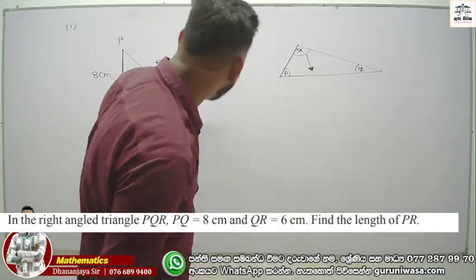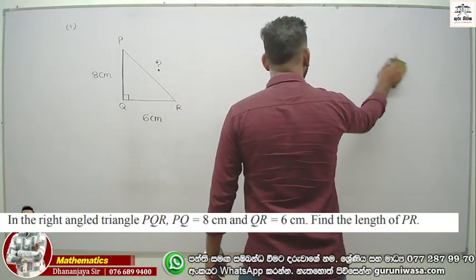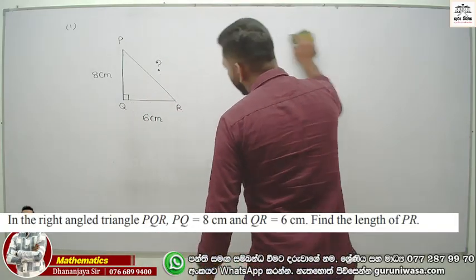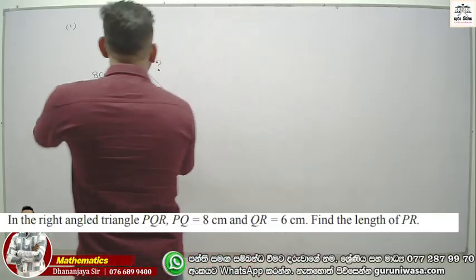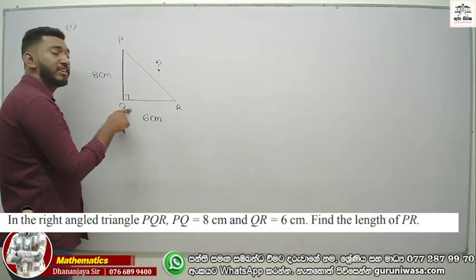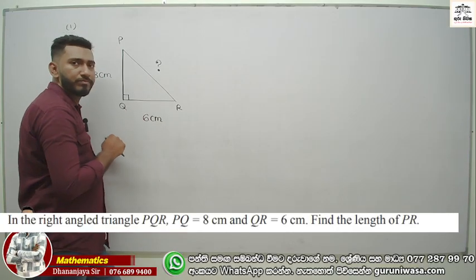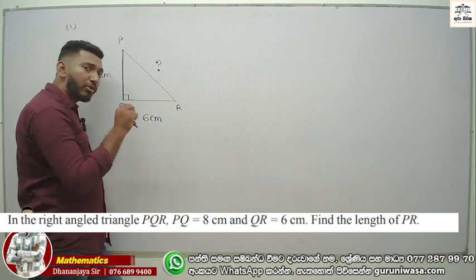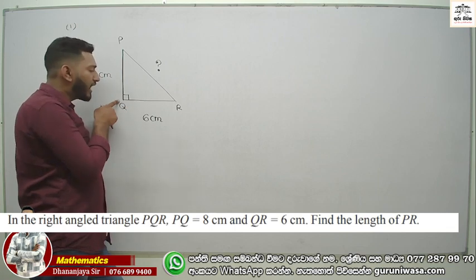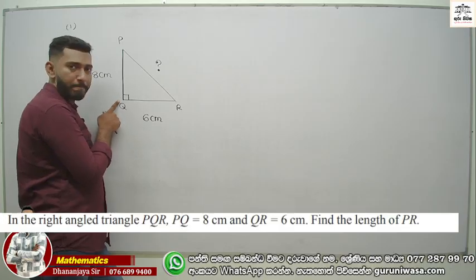Therefore, this is a right angle triangle. In right angle triangles, tell me, these two angles should be less than 90, yes or no? Definitely these two must be less than 90. Therefore, which is the maximum angle? 90 is the greatest angle.